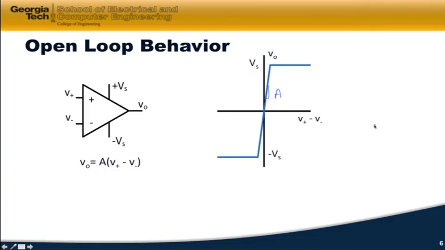And typically A is really large, say on the order of 10,000. And we often call that the open loop gain. And with that being very large, then it doesn't take very much for this to do what we call saturate, when this difference doesn't get very large before it reaches this value here where it's constant. And we call that saturation.